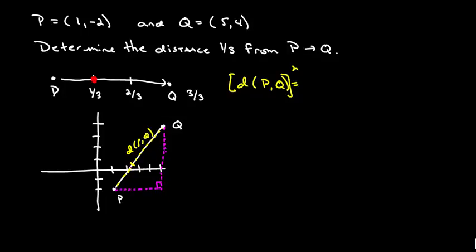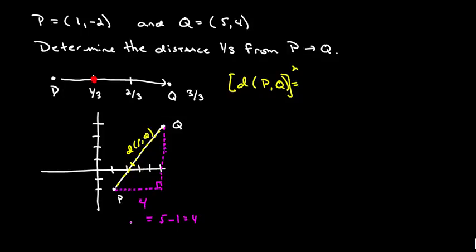So if I take this guy squared, it should be equal to this length squared plus this length squared. So what are these other lengths? Well, this length goes from 1 to 5, so it's a length of 4. How do we get that? We take 5 and we subtract 1, and that gives us 4.